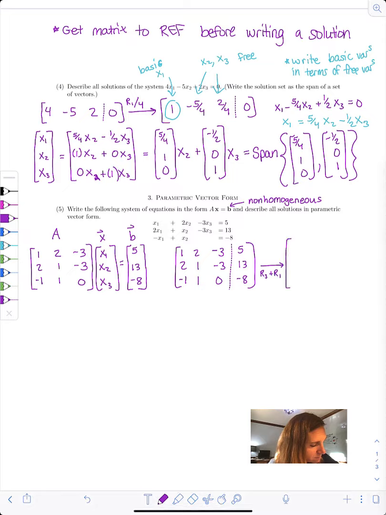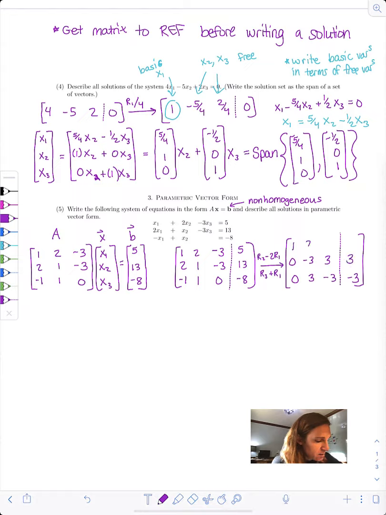So we get, let's see, a 0, 3, -3, -8 plus 5 is -3. And then we can do another step inside this same step. So let's go ahead and change row 2 by subtracting 2 times row 1 from it. So we have 2 minus 2, 1 minus 4, -3 plus 6, and 13 minus 10.